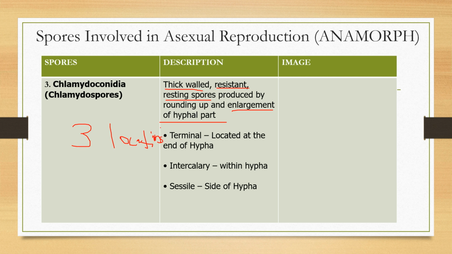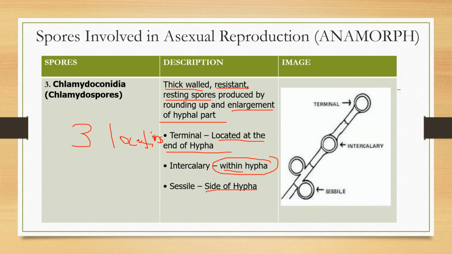It is known as a terminal chlamydoconidia if it is located at the end of the hyphae. It is known as an intercalary chlamydoconidia if it is found within the hypha. It is a sessile chlamydoconidia if it's found at the side of a hypha.